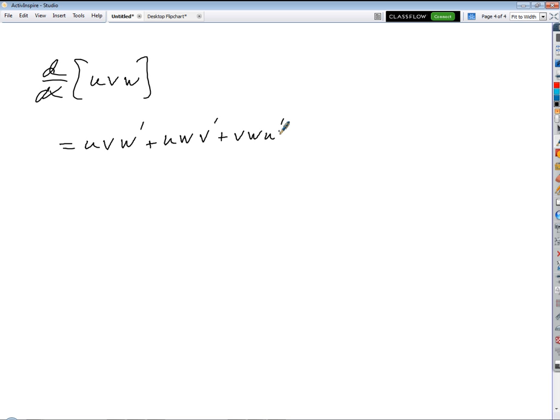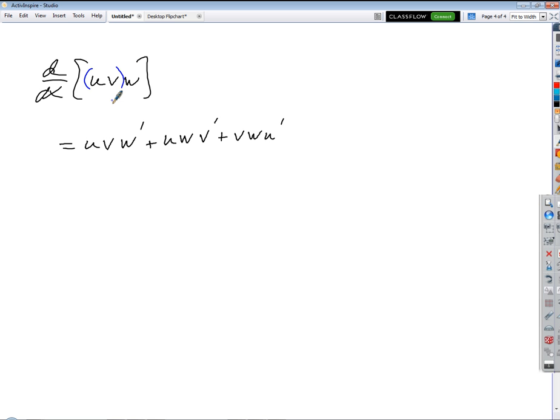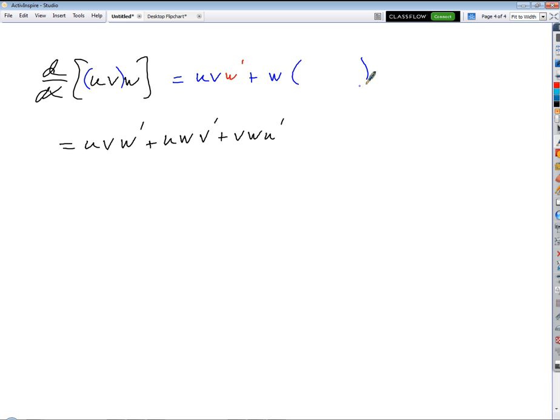Okay. Actually, to me that's a little bit easier to do, but either way, let's just show real quick that that's the same thing as saying, what if we group these two and just do a regular product rule? So if I do a regular product rule, I'm going to get first times derivative of the second, so uv times w prime, plus second times derivative of the first.